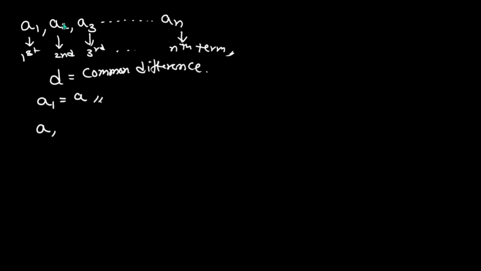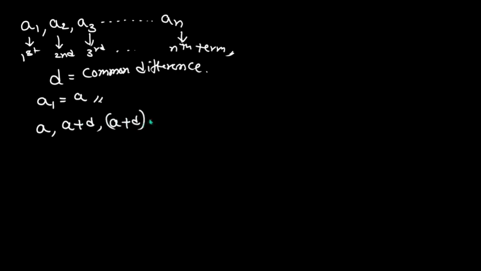How do you get the next number in the arithmetic progression? Just by adding D to the previous number. So the next number becomes A plus D. How do you get the next number after this one? Again, just add D to the previous number, where A plus D is the previous number.